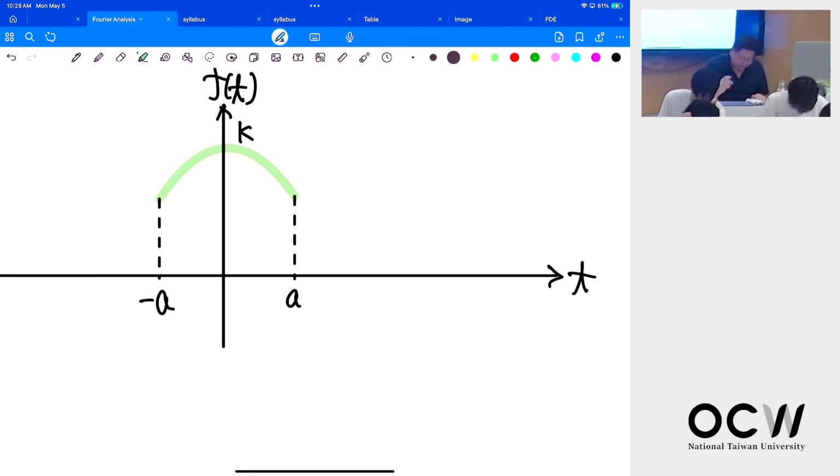And if t is greater than a or less than minus a, it will be 0.